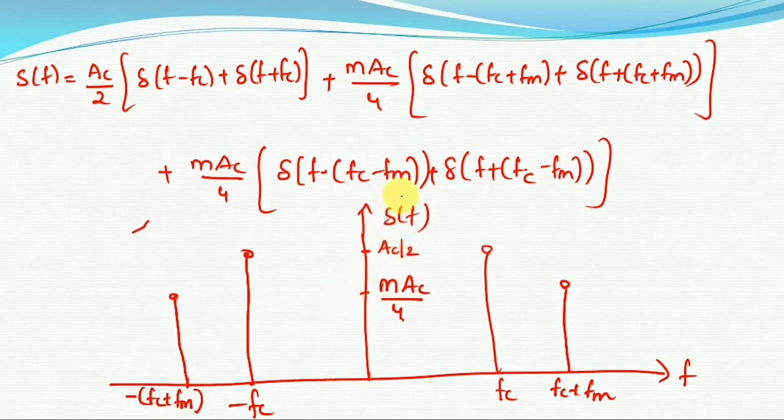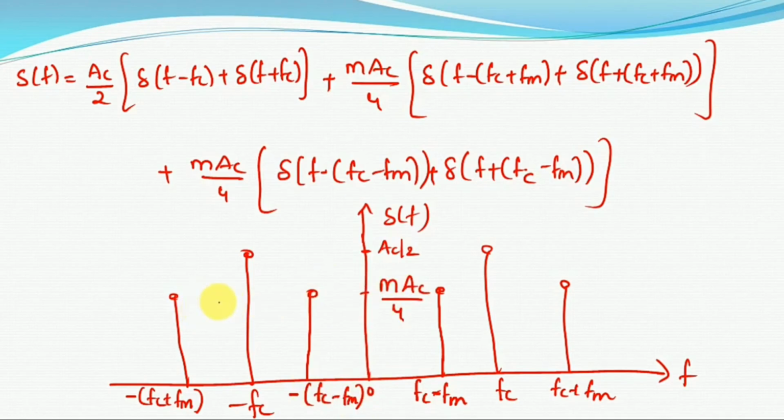Now the fifth frequency component is Fc minus Fm, which is the lower sideband frequency, lower than the carrier frequency, and its amplitude is m into Ac by 4, the same as the amplitude of the upper sideband. If I draw it, it is again an impulse signal with a frequency of Fc minus Fm and an amplitude m into Ac by 4. On the negative side, the last term has frequency minus of Fc minus Fm, and its amplitude is m into Ac by 4.